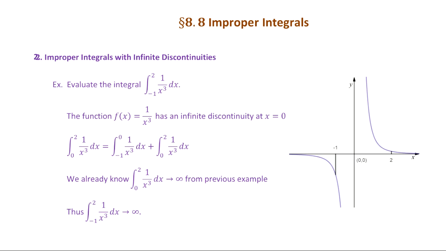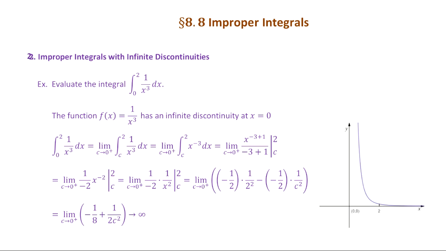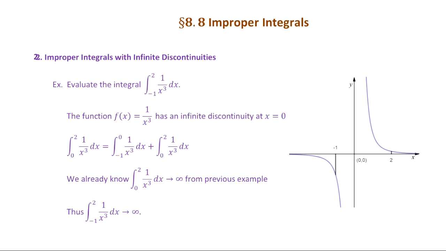The second term on the right, the integral of 1 over x cubed from 0 to 2, is from the previous example. We know it diverges. So the second term on the right just diverges as we did in the previous example.